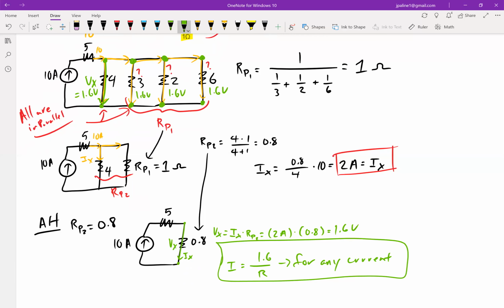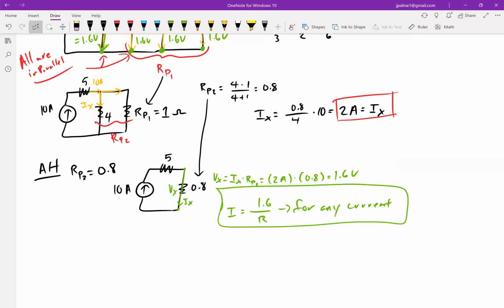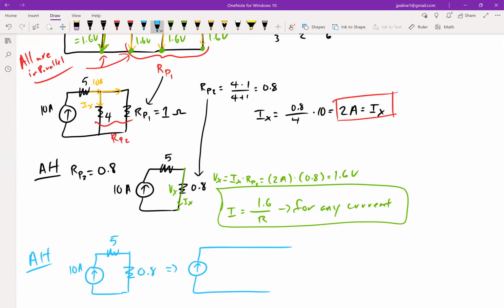And we're not done yet either. There's still one more thing you can do. So if you didn't want to find the voltage value, you can just say that 0.8 and then 10 amps is just equal to that circuit.